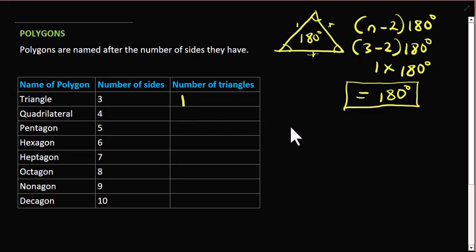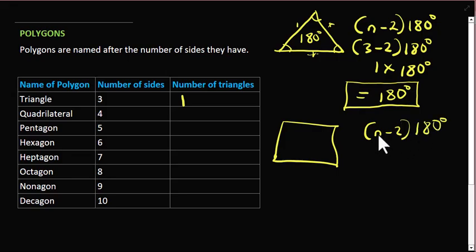Let's check the next one. Assuming we have a plane figure like a quadrilateral, the quadrilateral has 4 different sides. We use the formula again, (n minus 2) times 180 degrees, but now n changes to 4.